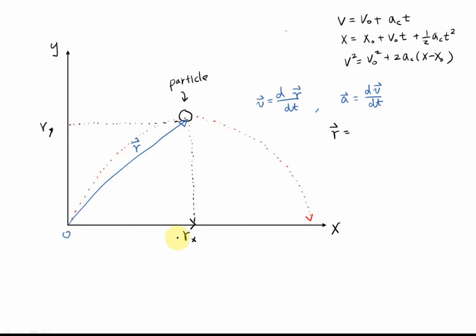And this rx and ry are functions of time, because at a given time, the rx, ry position keeps changing. That's why these are functions of time. So if I write it down like that, your rx is a function of time in the i direction, and ry is also a function of time in the j direction. So these are my r.